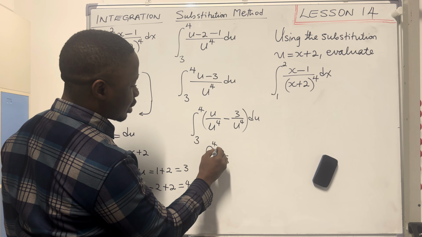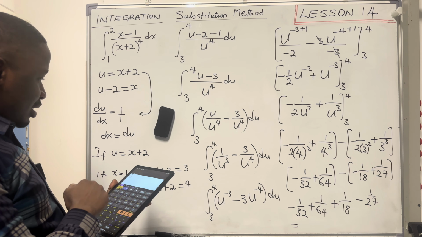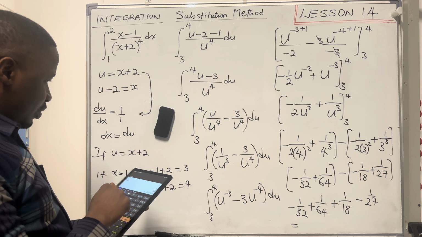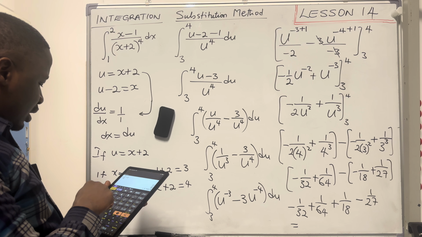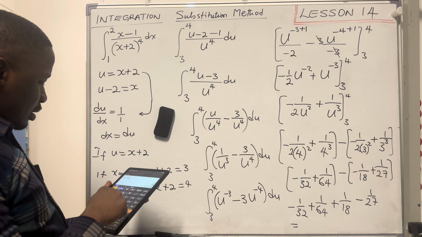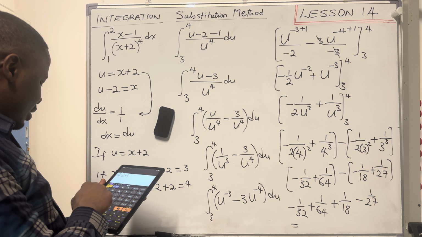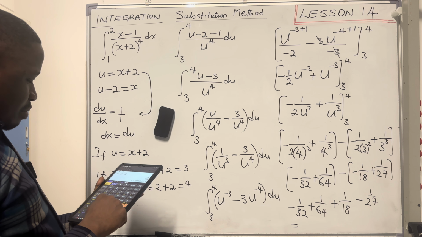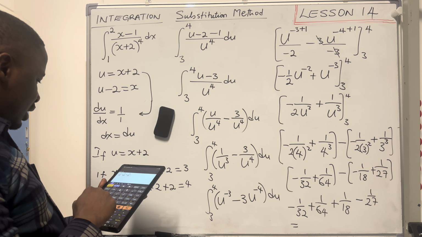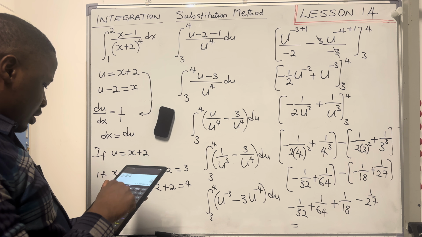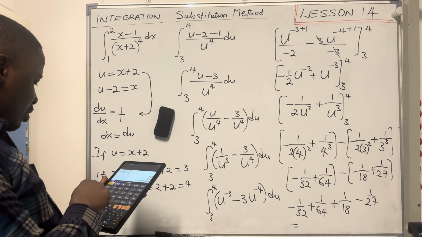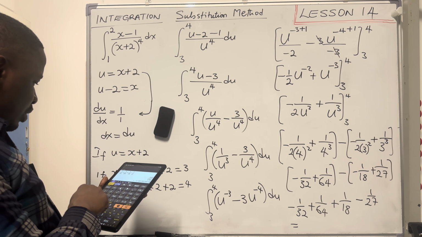So you don't want to waste time, just use the calculator. So negative 1 over 32 plus 1 over 64 plus 1 over 18 minus 1 over 27.